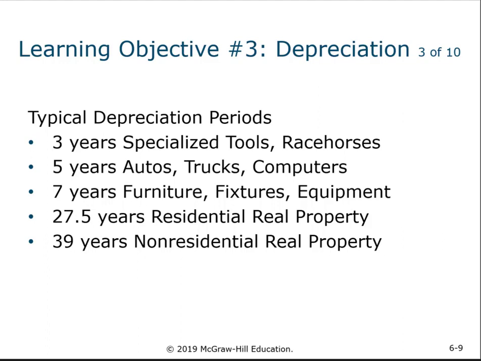There's also a 10 and 15 years, which has a couple of things that come up, but typically this covers almost everything. Notice there's a difference between real property, buildings, that is residential versus non-residential. Commercial building is 39 years. An apartment where people live is 27 and a half years.